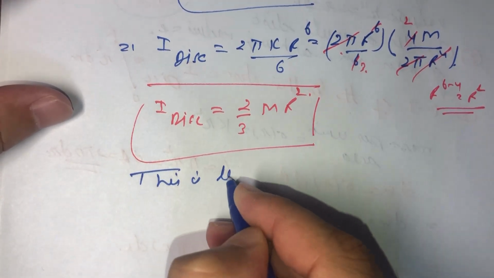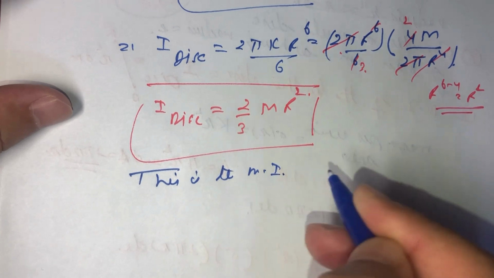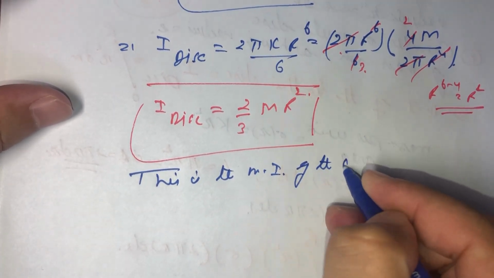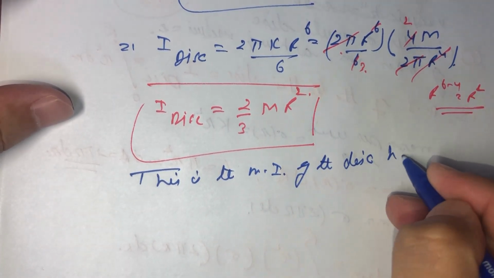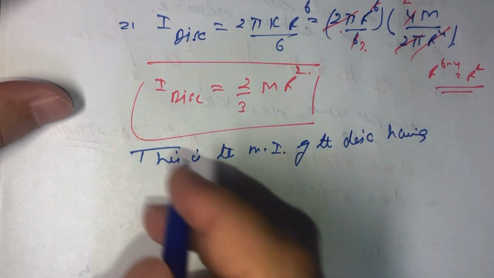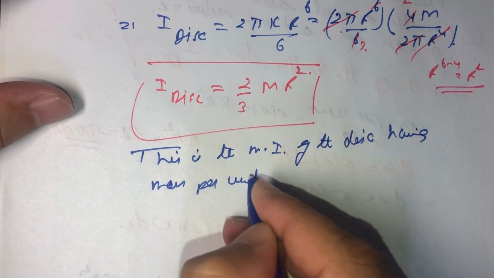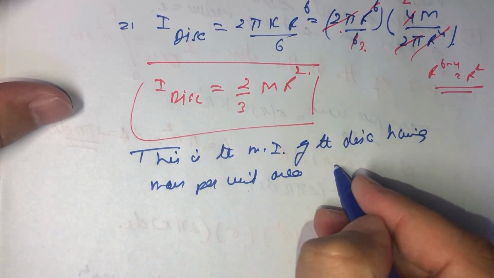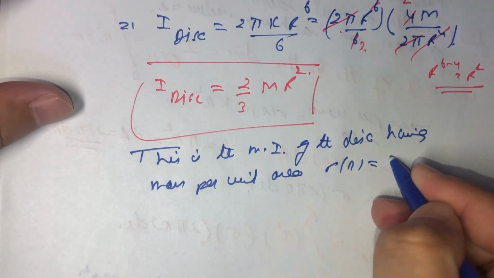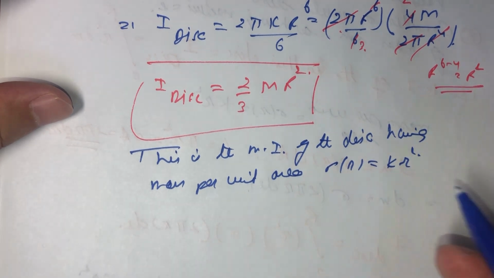This is the moment of inertia of the disk having mass per unit area given as sigma r is equal to kr square.